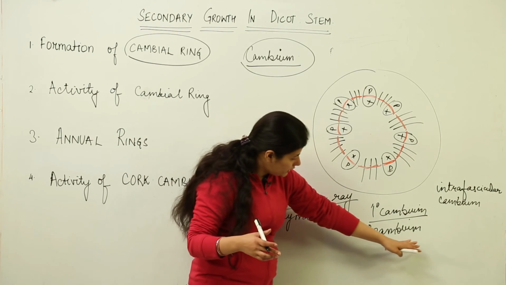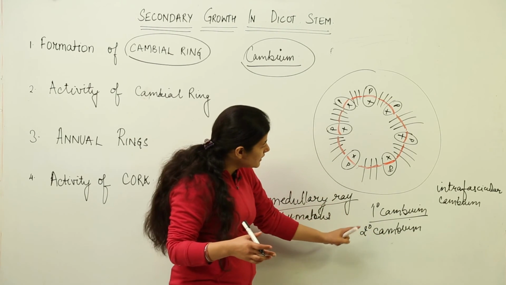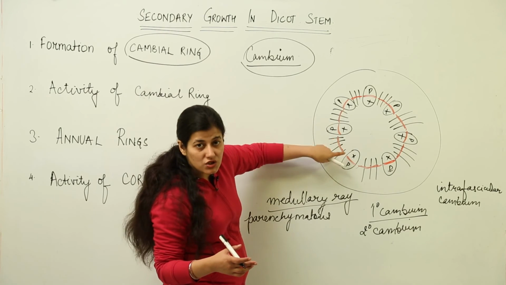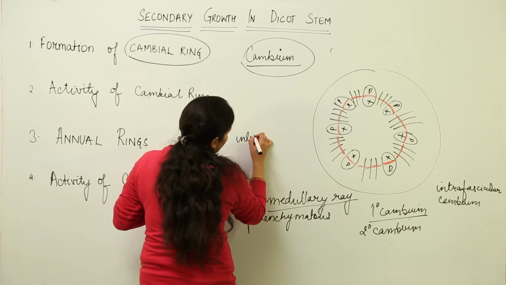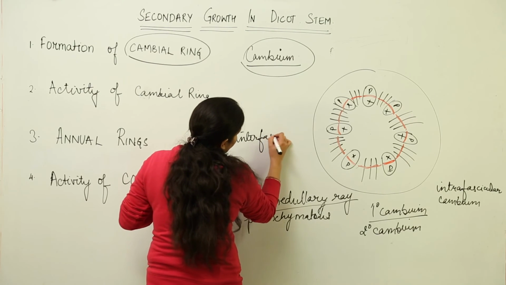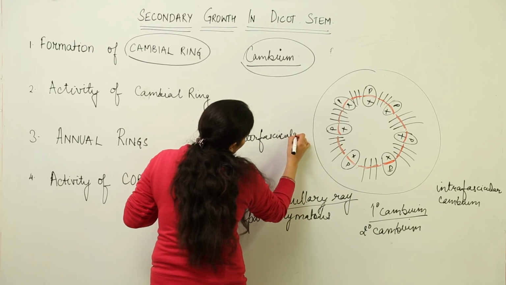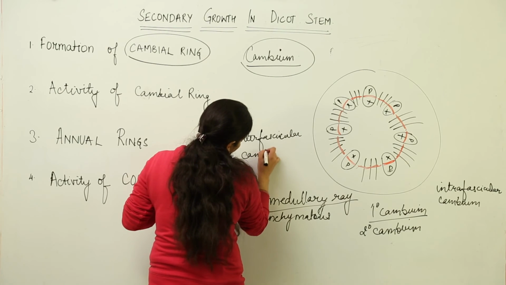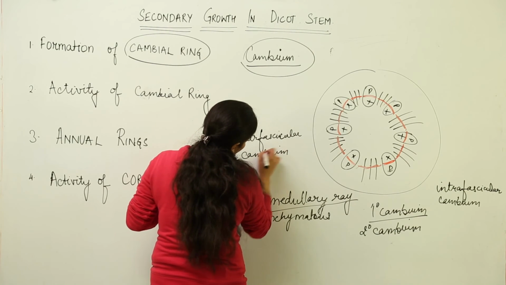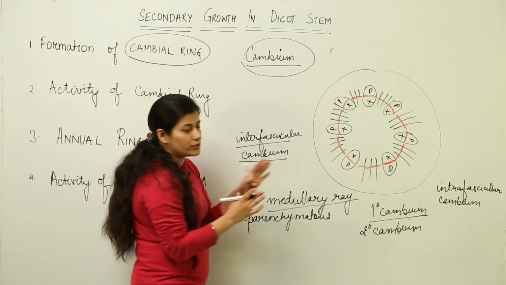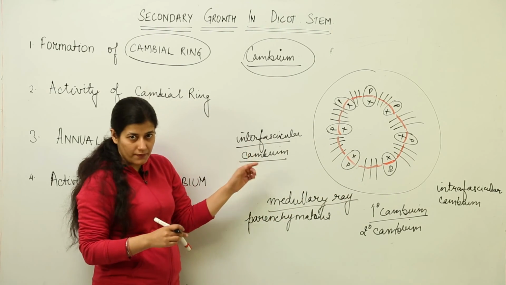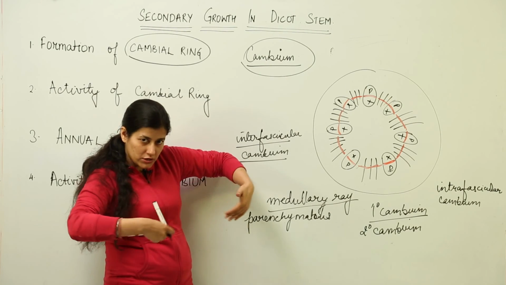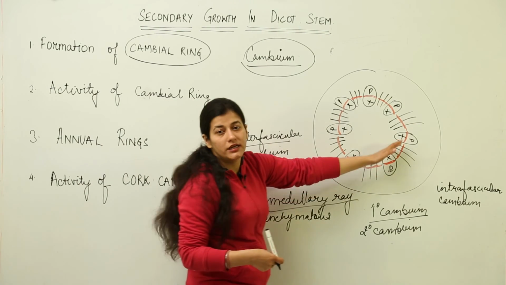So they form the secondary cambium, and the name for this cambium which is responsible for completing the ring is interfascicular cambium. So we have two types of cambium. One is intrafascicular, the other is interfascicular. Because they are lying in continuity, they form a cambial ring.